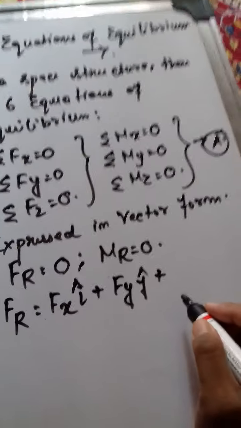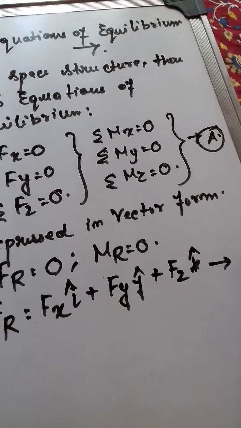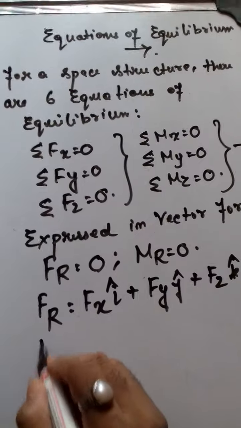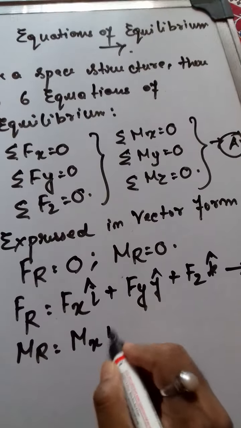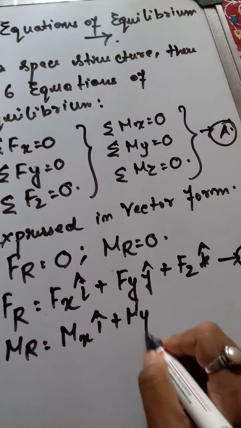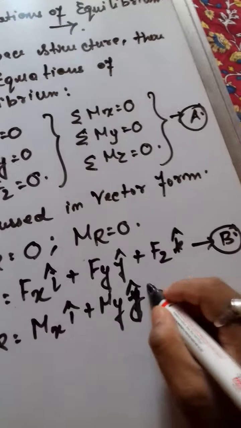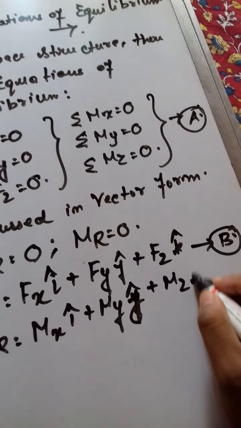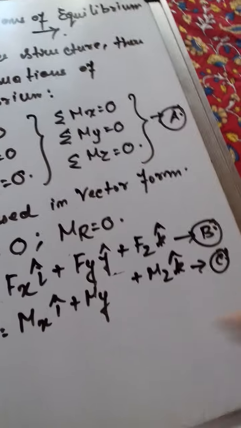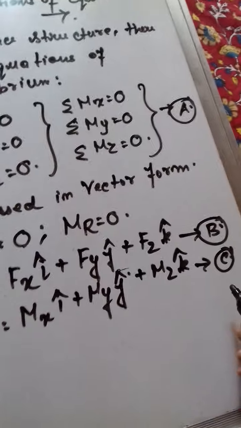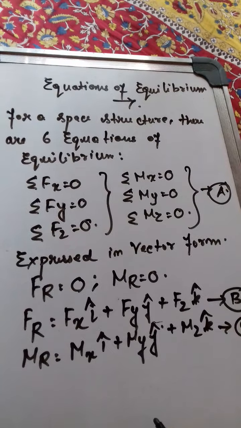You know that i, j, k are called the unit vectors. For moment, similarly, you will get moment in the x direction multiplied by i cap, moment in the y direction multiplied by j cap, plus moment in the z direction multiplied by k cap. So these are the basic equations of equilibrium expressed in vector form.